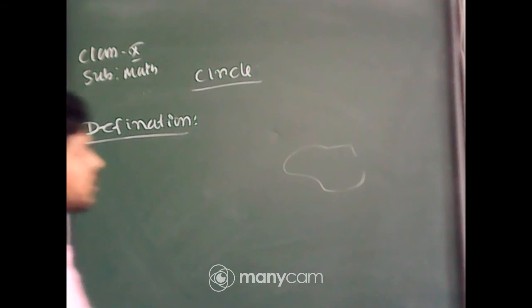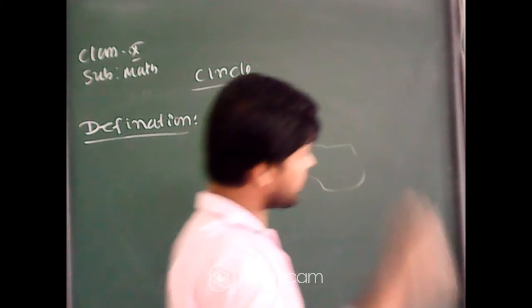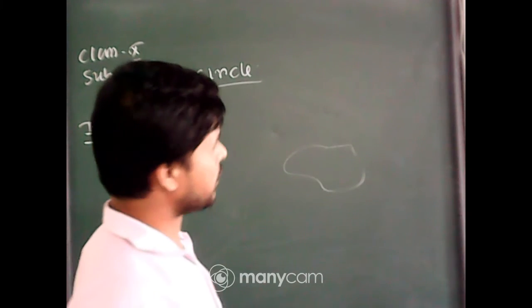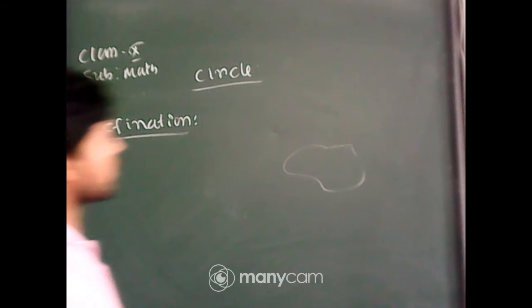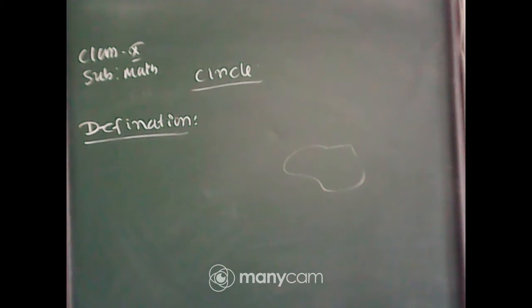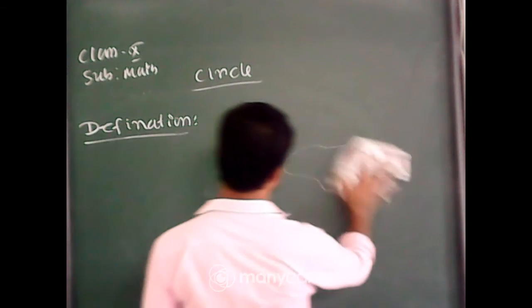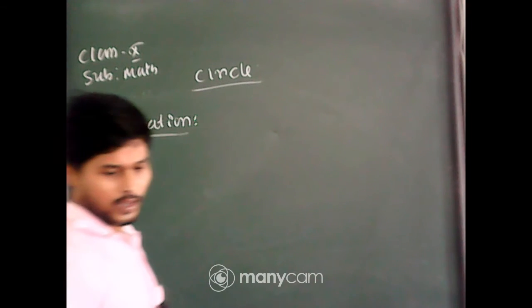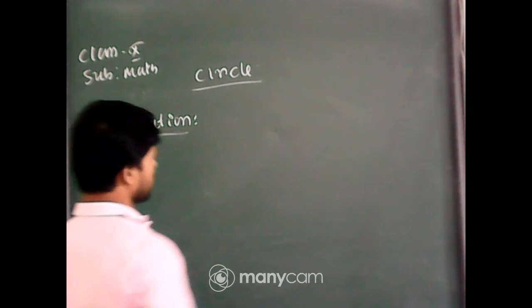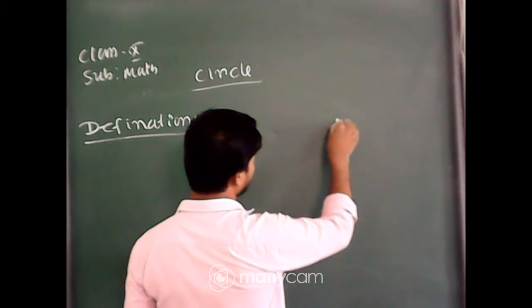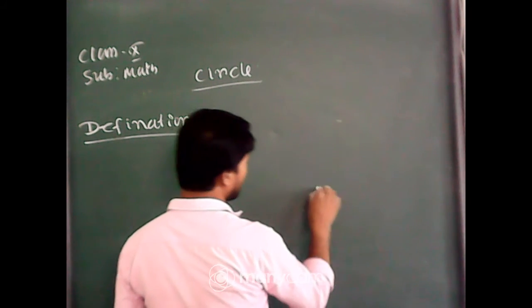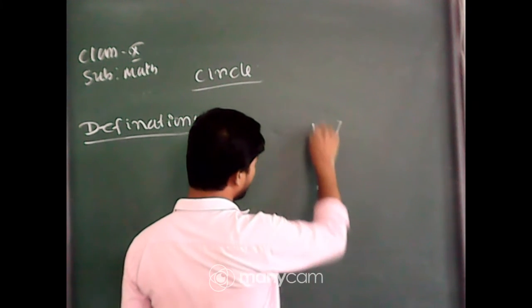So this is not a definition, but the definition Dia has given is fantastic. A circle is the collection of all points in a plane which are at a constant distance from a fixed point. Very perfect definition. So, a circle is nothing but a collection of points which are at a fixed distance from a fixed point.